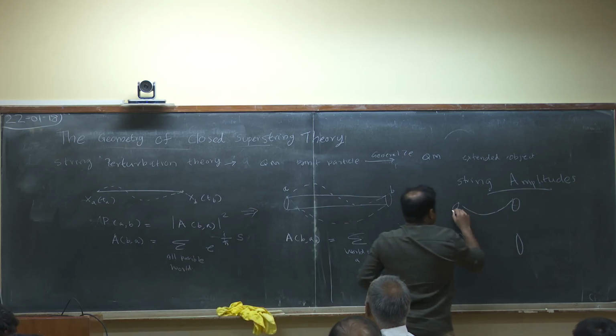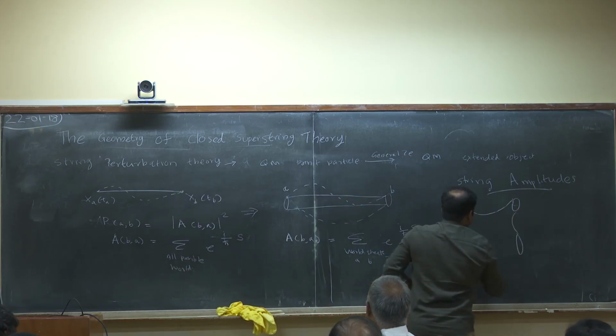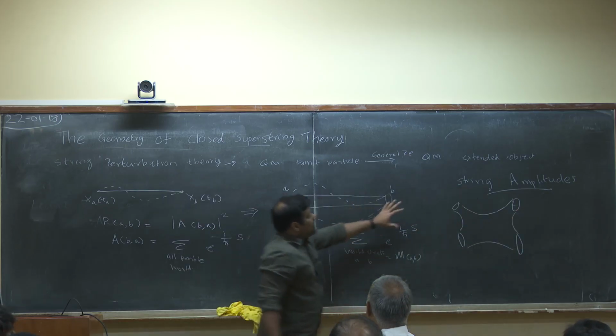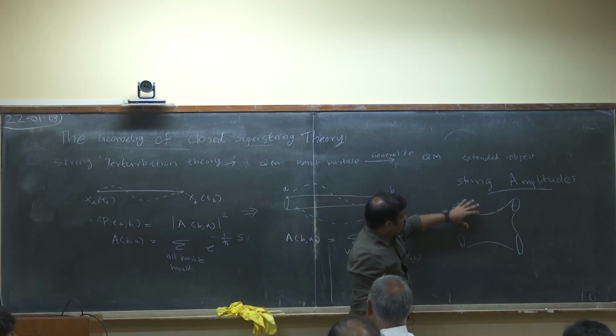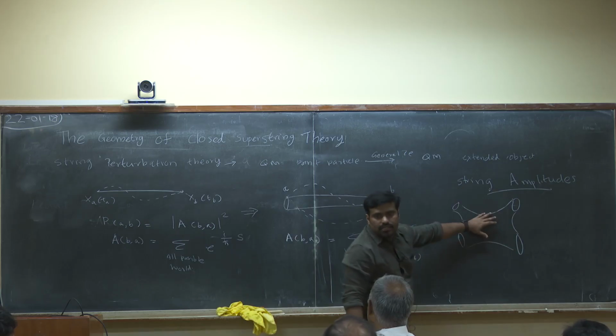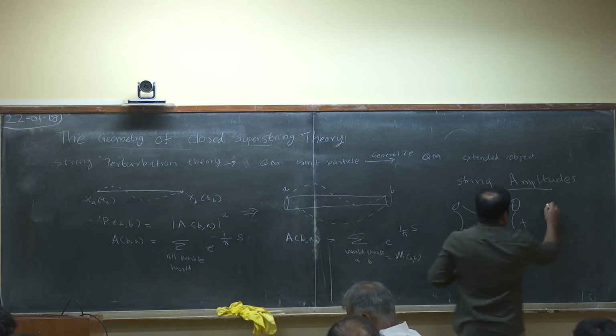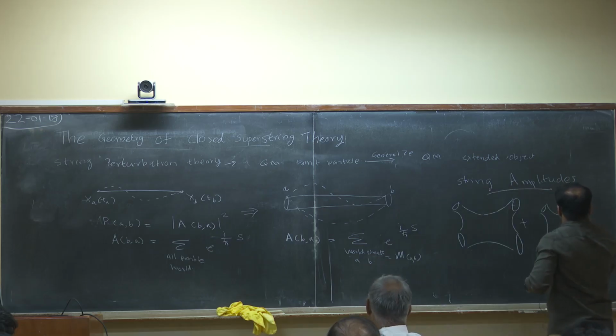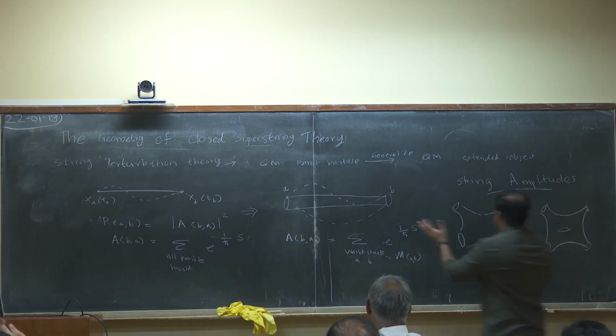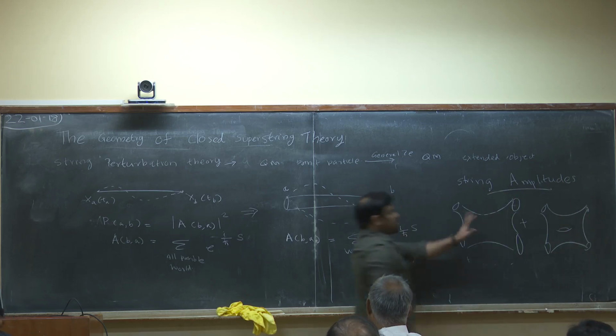There are several possibilities. One is a world sheet that connects these external states and has no handles in it, and then you can add handles. You can keep on adding all possible numbers of handles.